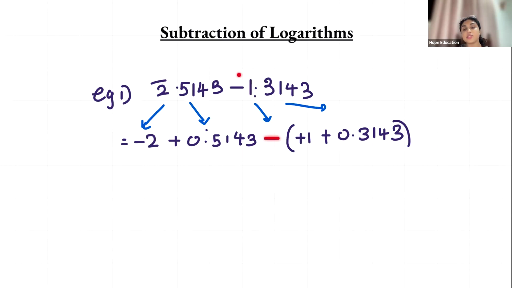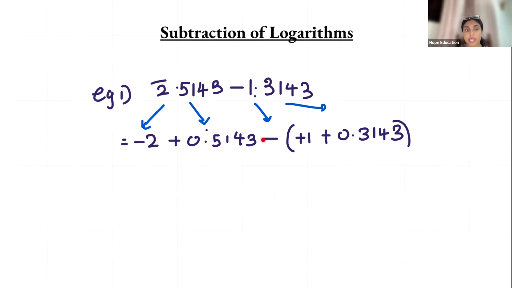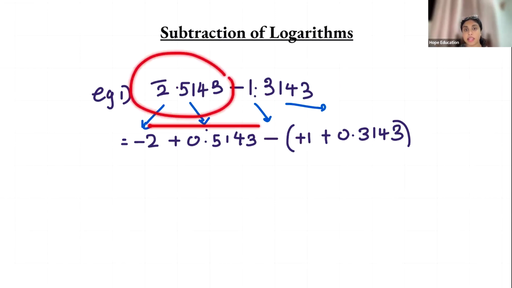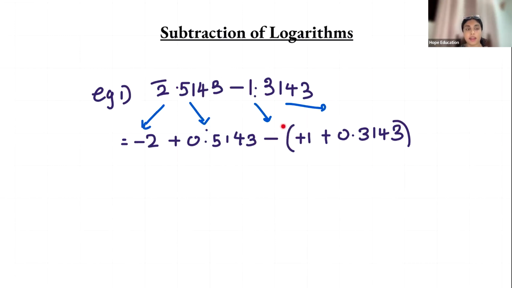Then the next logarithm is 1.3143. There is no bar in front. 1.3143 means when you separate, characteristic is +1, mantissa is 0.3143. Write the minus in between separately. I separated this logarithm into characteristic and mantissa too. That is how I write it. Is it clear? Now let's move on.